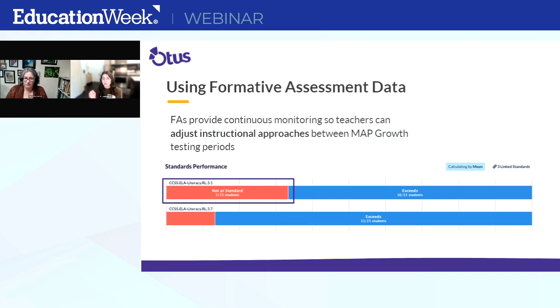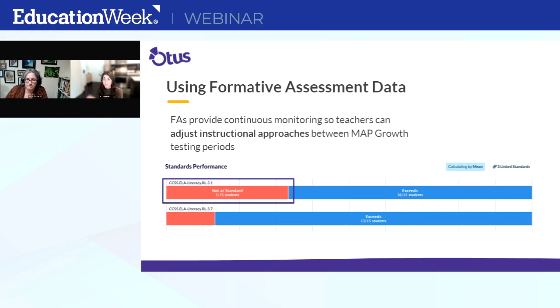I'm going to do that to see which students are struggling with which standard within that particular strand. On my screen here, you can see 2 standards stacked, and there's a blue end and a red end. I've got visuals that show me how many students are at the level where they should be with that standard versus how many students are not.